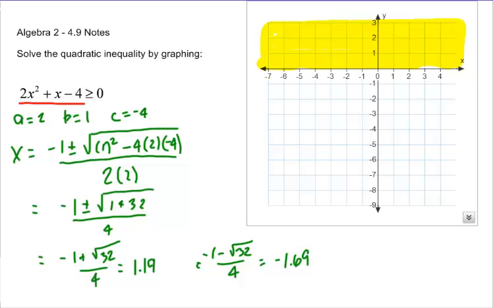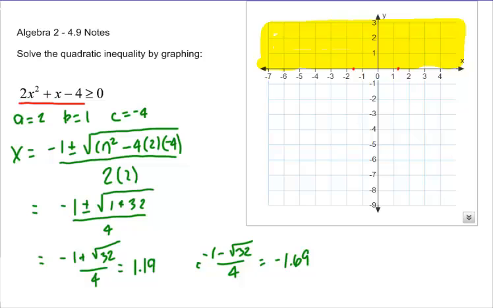And so what we want to do is plot those points. So 1.19 about right here, and -1.69 about right here. And exactly halfway in between those guys is the x-coordinate for your vertex.